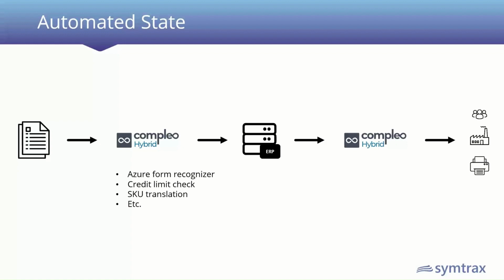And after we have processed it, we will immediately pass on to the next stage. For example, for PO to SO, we'll pass on the documents to your ERP. We ourselves, by default, do not store any document or data, unless it is specifically requested by the clients. So we do not store any data.